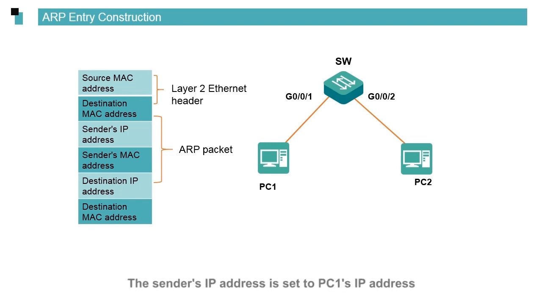The sender's IP address is set to PC1's IP address, and the destination IP address is set to PC2's IP address. After PC2 receives the ARP message, PC2 replies with an ARP message to PC1. PC1 constructs an entry for the mapping between the IP and the MAC addresses of PC2.